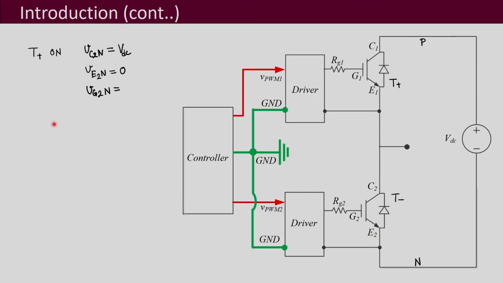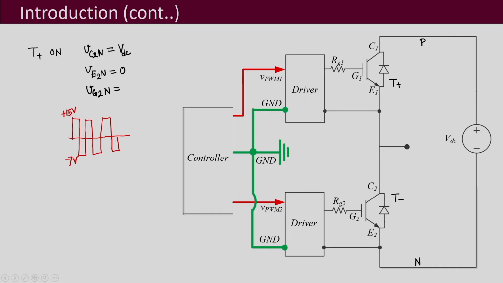Now, let us say that a typical voltage of plus 15 and minus 7 is applied to turn on and turn off the IGBTs. That means plus 15 volt is given to turn on the IGBT and minus 7 volt is given to turn off the IGBT.